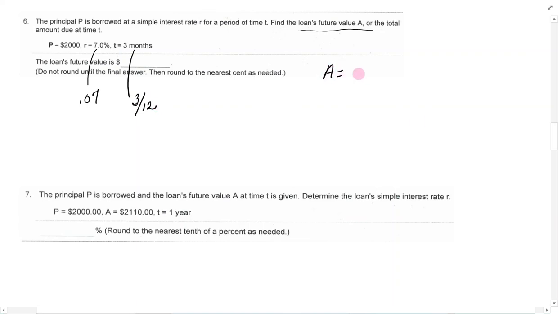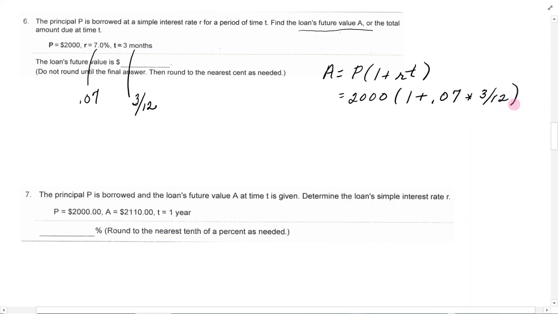Future value is P times (1 plus R times T). That is 2,000 times (1 plus 0.07 times 3 divided by 12).